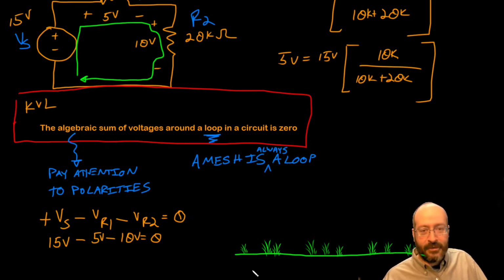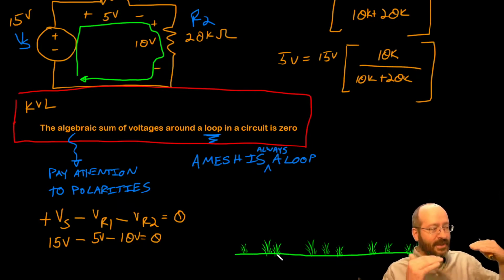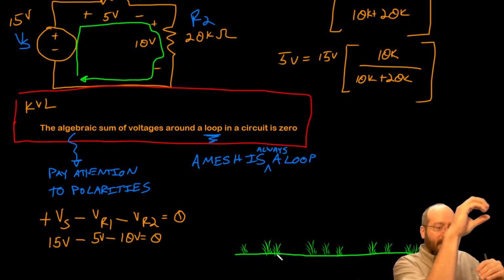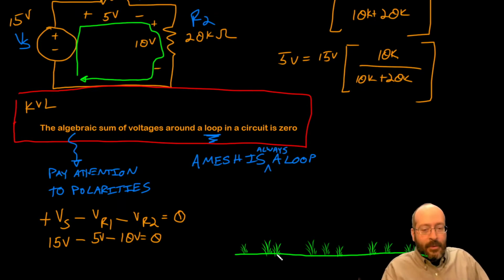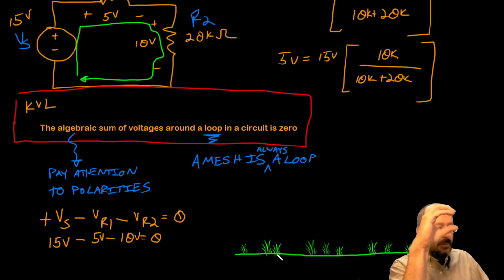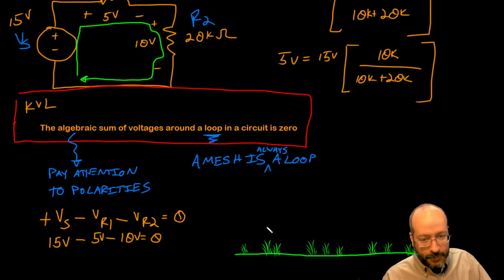Okay, there's our ground, and every time I move across a component, I'm thinking of taking steps of potential energy. So I take that ball and I move it up, and then I let it drop, and then I let it drop again. If it comes back to the same point, all of the energy that I put into it has to come back out of it. Maybe not all at once, but maybe in little steps.